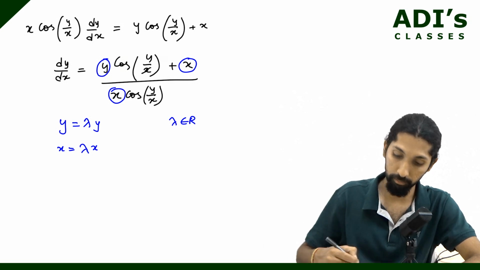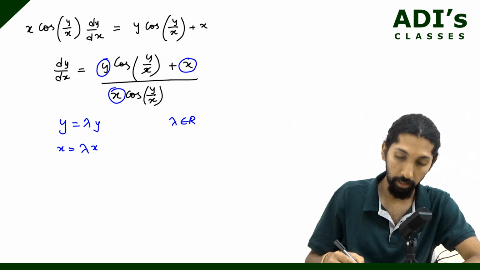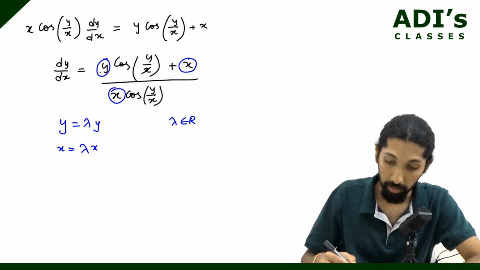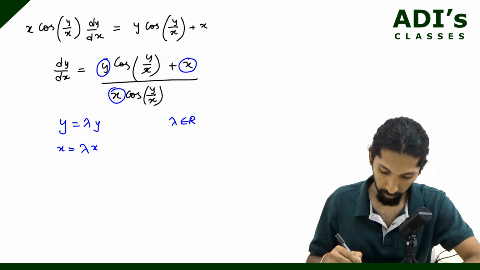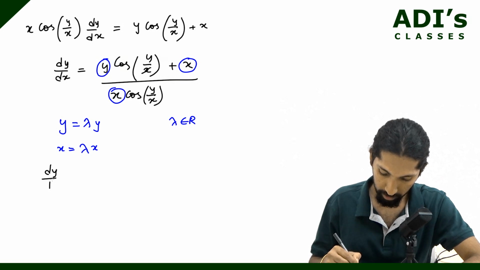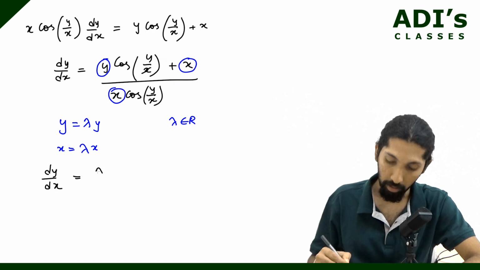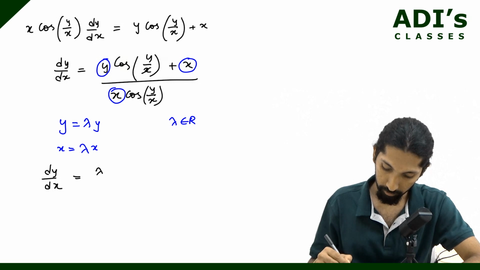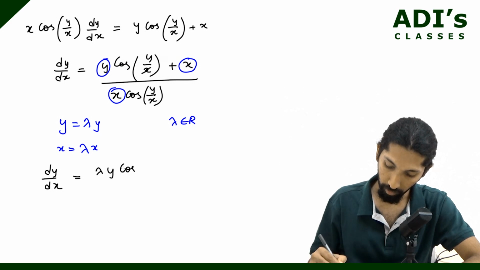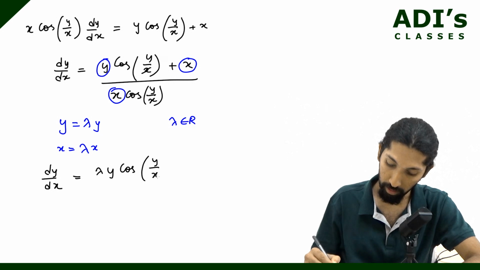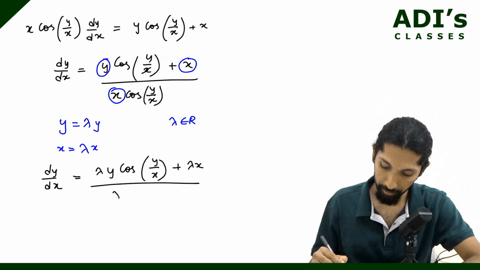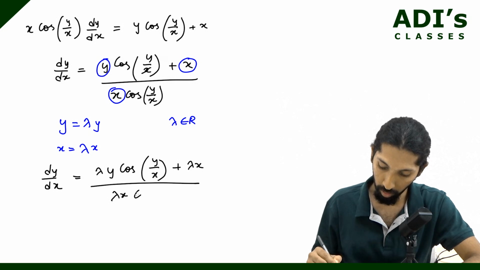Now what do you see? Instead of y we put lambda y, lambda x. So dy by dx equals lambda y cos of y by x plus lambda x divided by lambda x into cos of y by x.